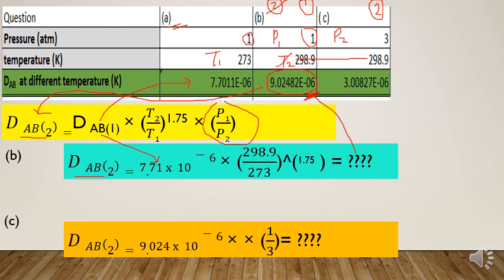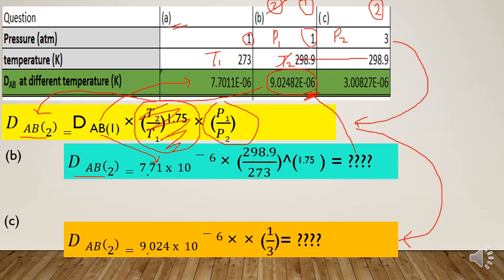So I substitute the values into the equation here. It is the same equation that I used for B, except that I exclude the temperature term. So if you see the equation that I use in C, the term for temperature is not there. I just use the term for pressure only.